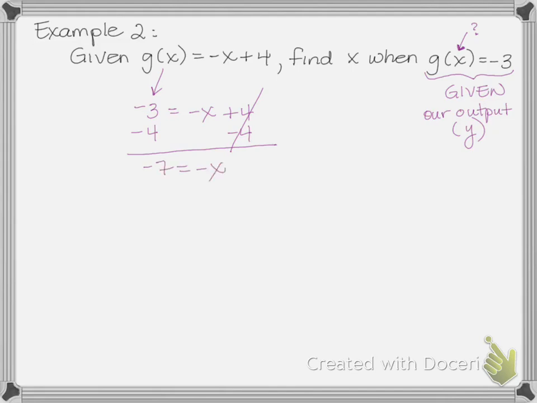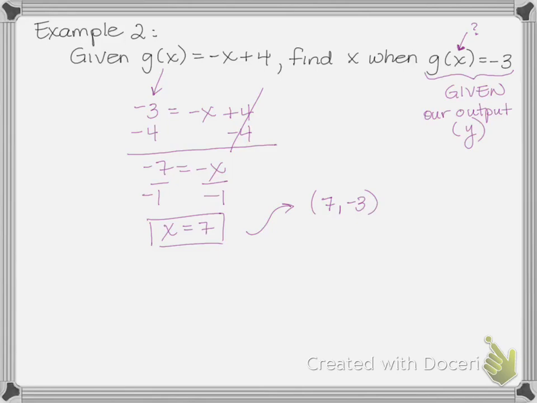And then I need to divide both sides by negative 1 because I need to get rid of the negative coefficient in front of my x. And so x equals positive 7 is my answer.